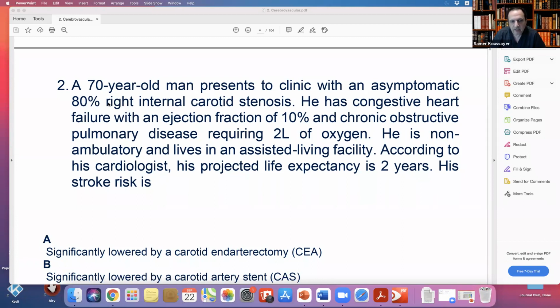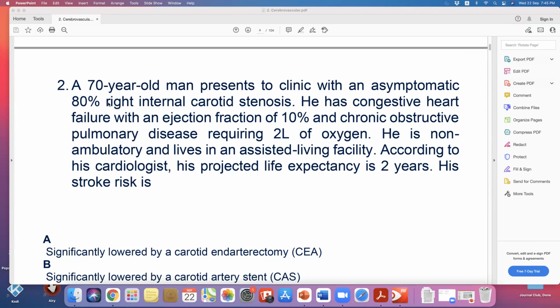To get a benefit, the patient has to live at least 5 years or more, or a minimum of 2 years, but not less than 2 years for sure. If you only follow up these patients for 2 years, there's no difference between surgery and medical treatment. So for anyone with life expectancy less than 2 years, we cannot apply the ACAS recommendations.